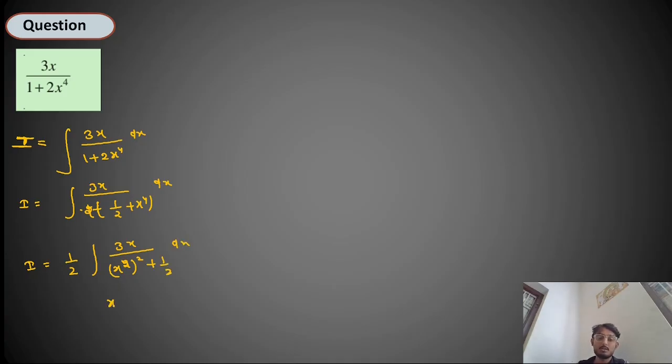Assume x square equal to t, 2x dx equal to dt. So here x dx equal to dt by 2.